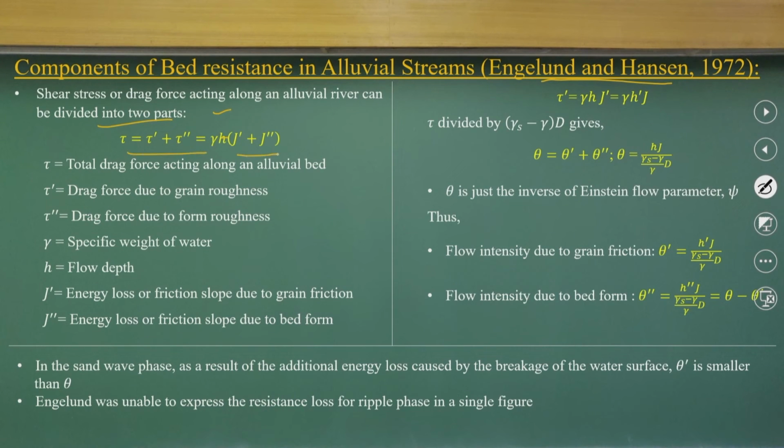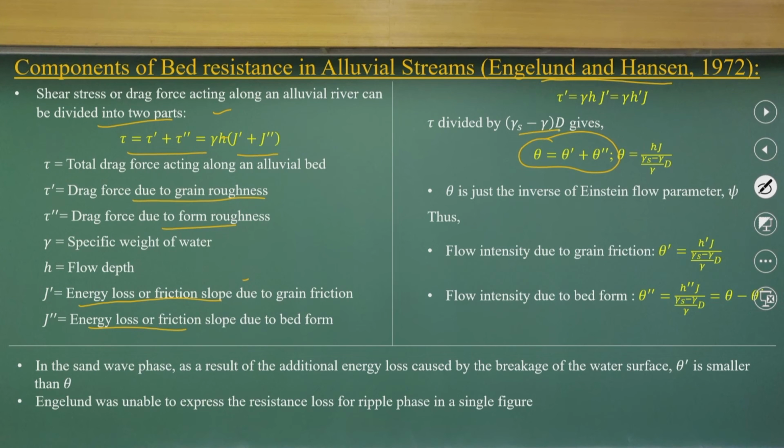It is the drag force due to the grain and form roughness, and the J here, the energy loss component or friction slope component, can be defined in two different ways. He establishes theta and theta dash, which is tau divided by the submerged unit weight of sediment particles.